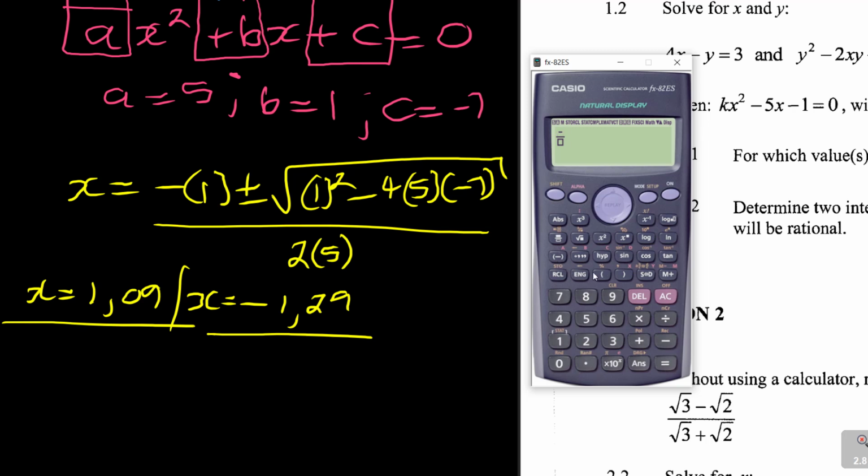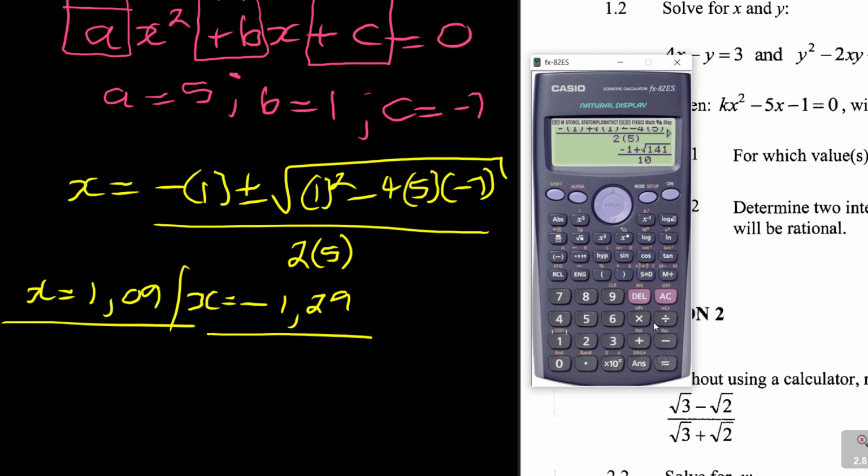So minus bracket 1, and then plus, let's take the plus, square root, remember, square root of bracket 1 squared, are you with me, minus 4, my a is what? My a is 5, my c is negative 7, right, all over 2, my a, we say it is 5.